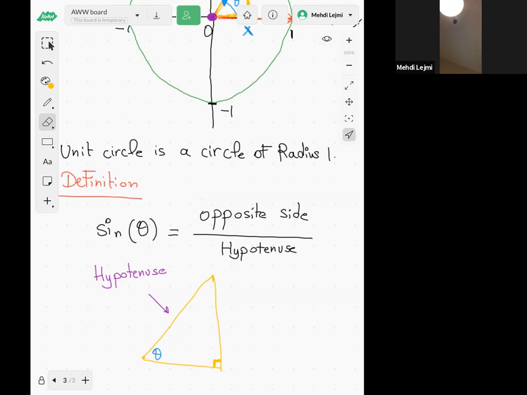Now, what is the opposite side to the angle theta? The opposite side of theta would be, of course, this side here.